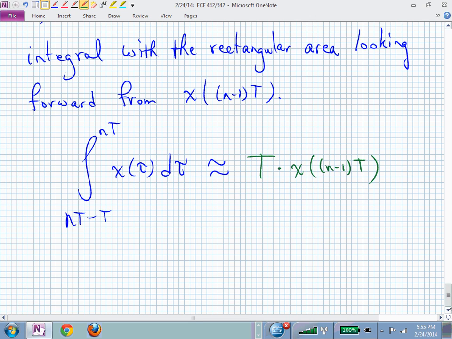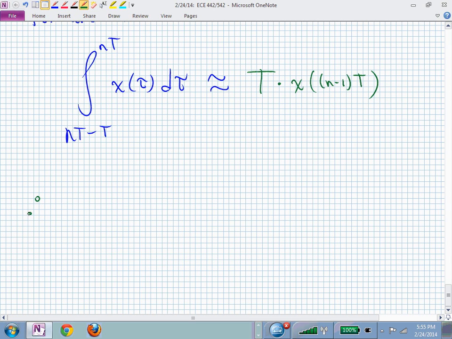Which means that when we want to do the numerical integration approach, we have y of little n capital T is approximately, because this is just an approximation, you can see that that flat top is not necessarily covering that x of t curve exactly right.